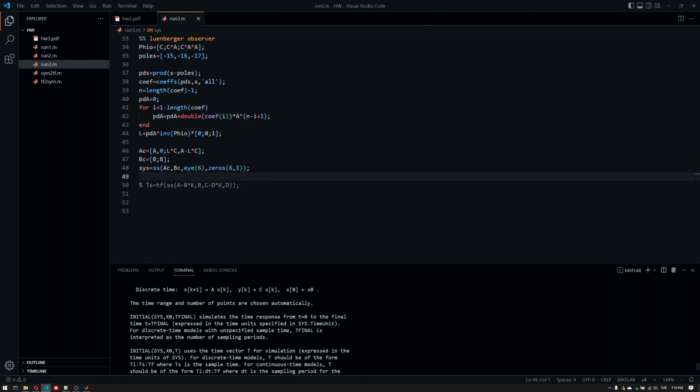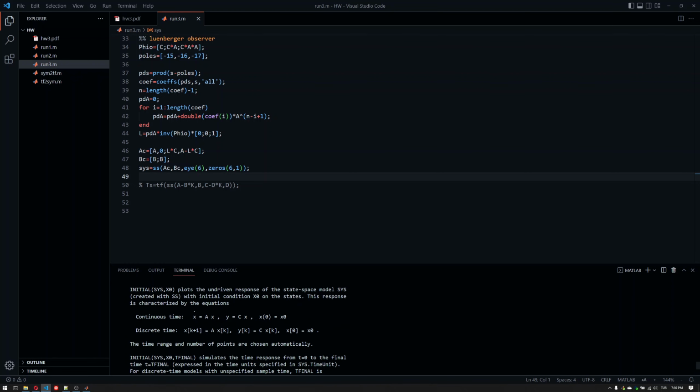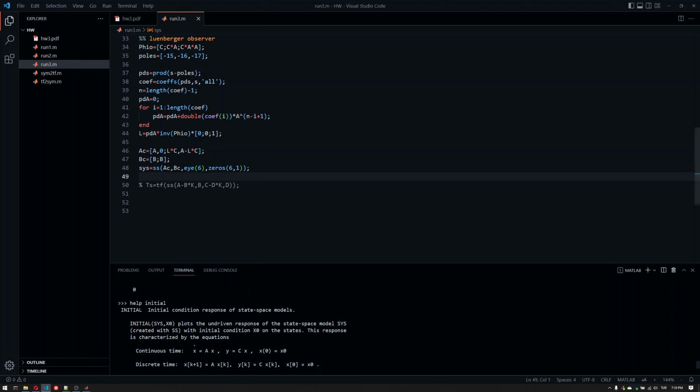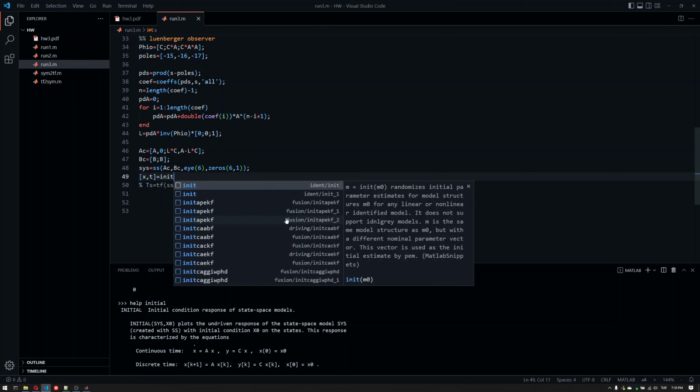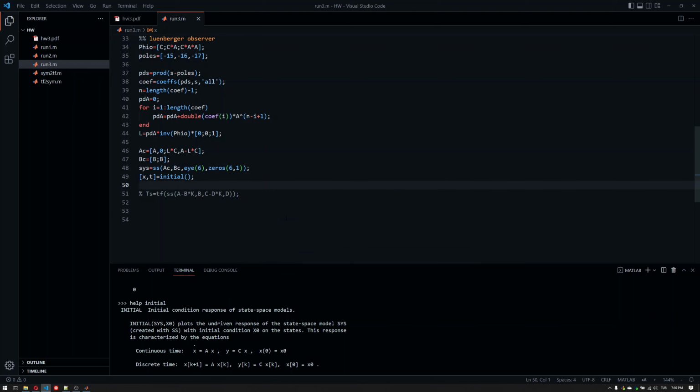So let's see, y comma t, or even x comma t, initial, and then provide the system, and then the initial conditions here.